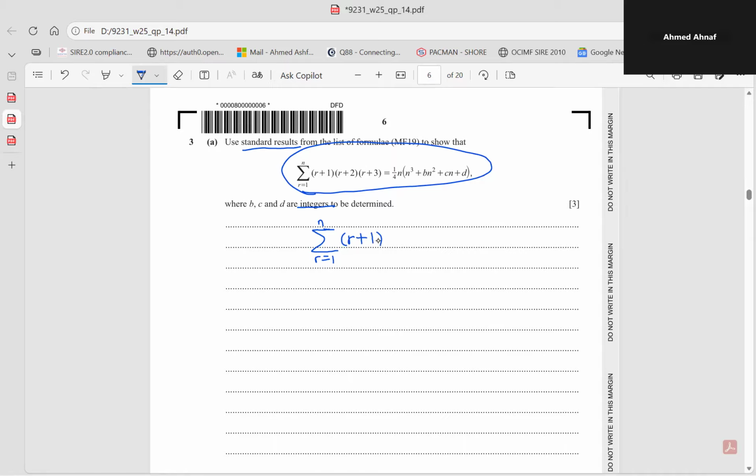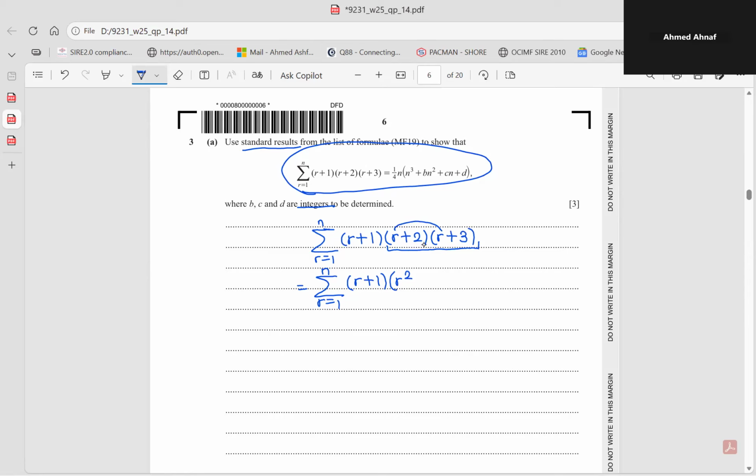So obviously, we have to expand the entire thing out first. Personal preference, I'm just going to expand these two out first. So r plus 1 we leave alone. And for this, let's find the r squared term, which is just r times r, that's r squared.